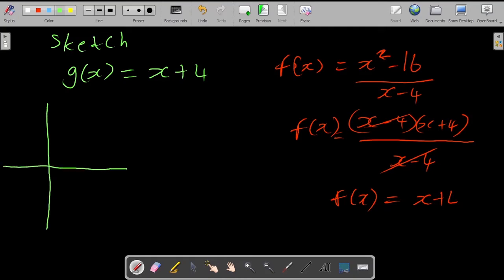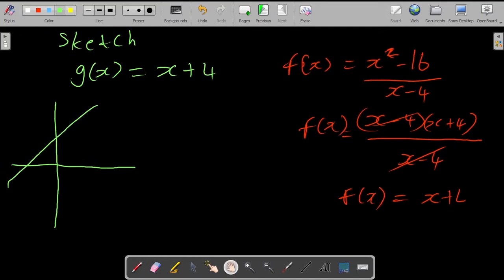So the first one, we basically see that it's just a straight line. It's a linear function. It's just mx plus c. So we have a gradient of 1, so y equals x should be somewhere there. But now if we shift y equals x by 4 units up, then expect our graph to fall somewhere there. It's a positive function, and that is why it is increasing in that fashion, right?